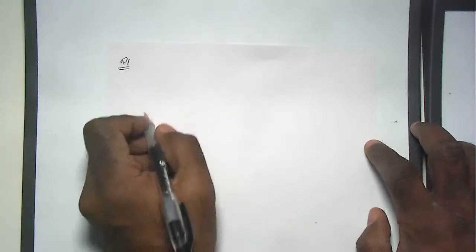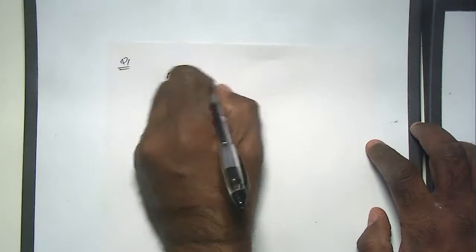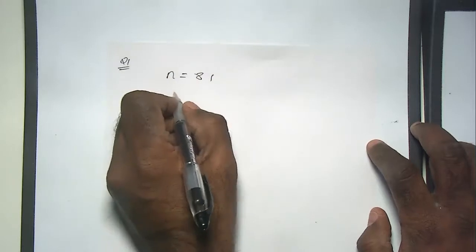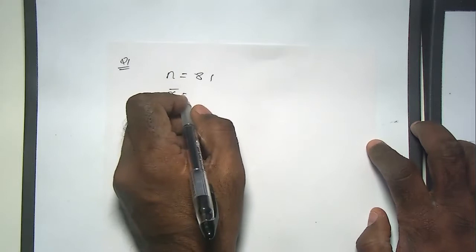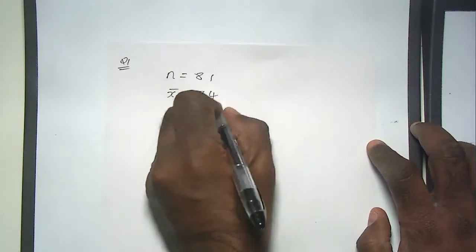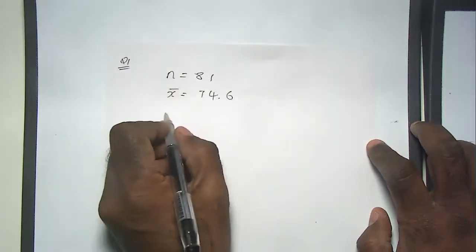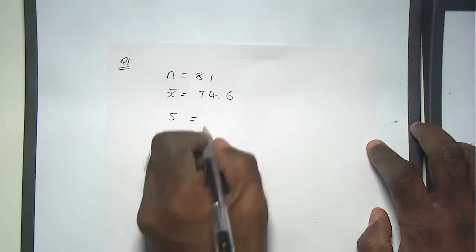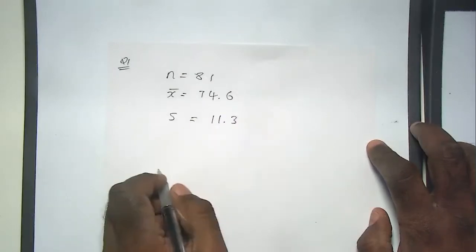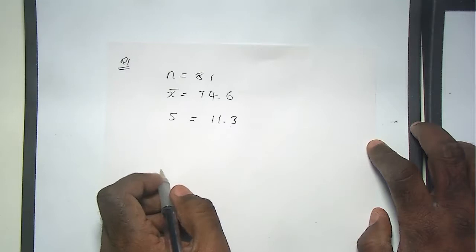So question 1, you have n equal to 81, x bar is equal to 74.6, and s is equal to 11.3. And you want to find a 90% confidence interval.